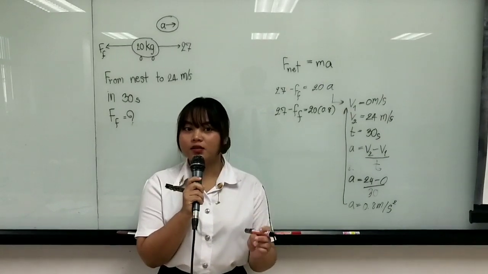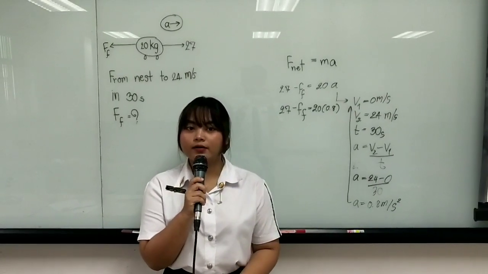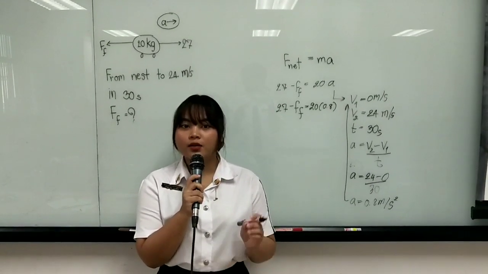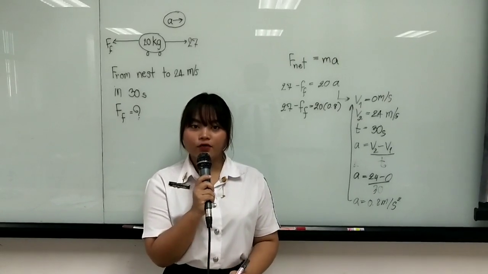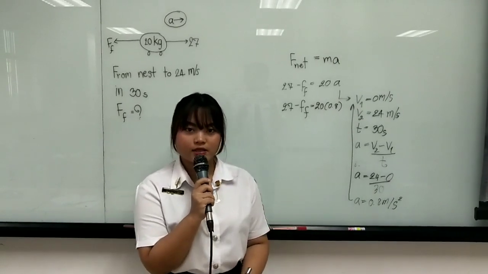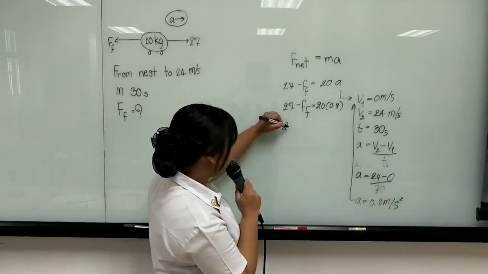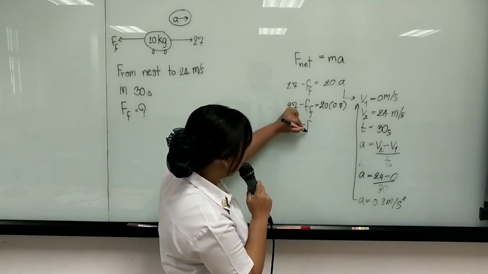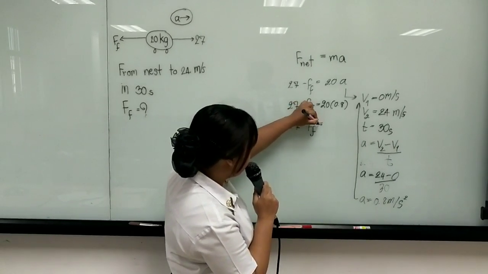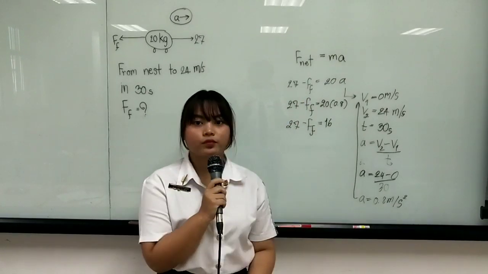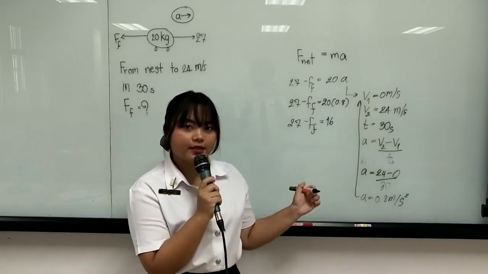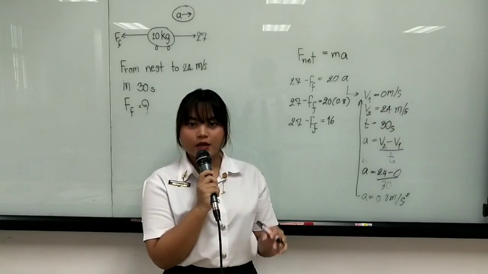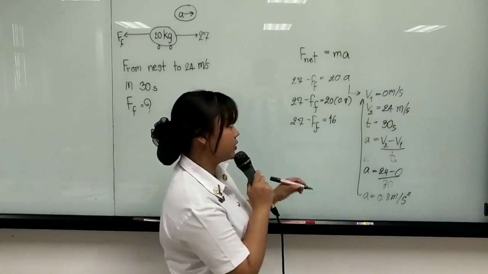I made the acceleration the same, so it works the same. 27 minus force of friction equals 16, and 27 minus 16 equals force of friction.